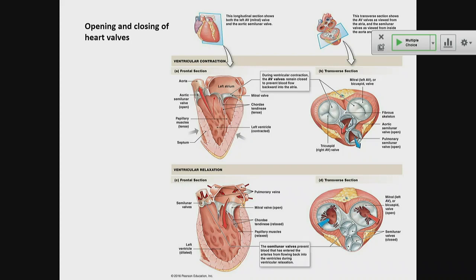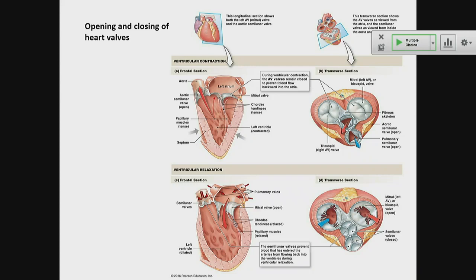That means the blood can't go back into the atrium, but is pushed out only into the aorta. During the ventricular diastole, the opposite is the case. Now the mitral valve is open and the semilunar valve is closed, which means during this phase the blood can fill the ventricle. It can come from the atrium to the ventricle.